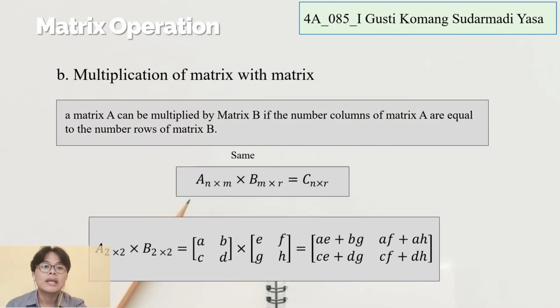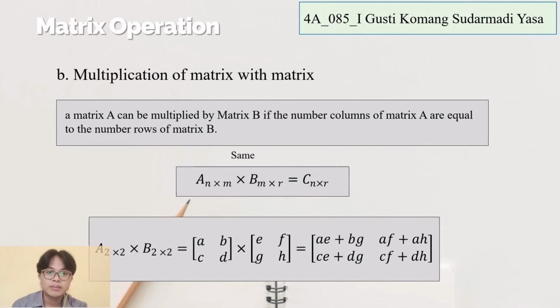Matrix multiplication can be done because the columns of matrix A are equal to the rows of matrix B. Matrix multiplication is done by multiplying the rows of matrix A by the columns of matrix B. For example, matrix A with elements a, b, c, d, and matrix B with elements e, f, g, h.